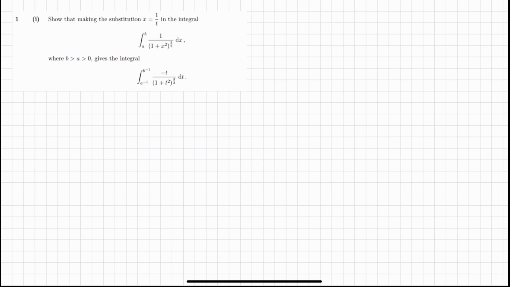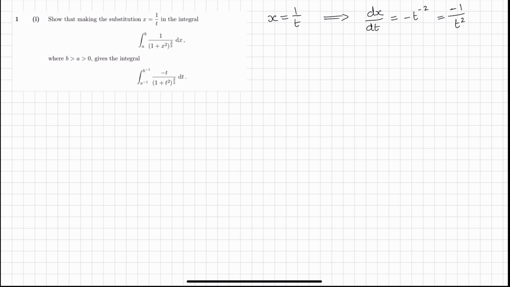So we have a function that we've got to use substitution with. So I'm going to write my substitution in the top right. We've got x equals 1 over t, which implies dx by dt equals negative 1 over t squared.